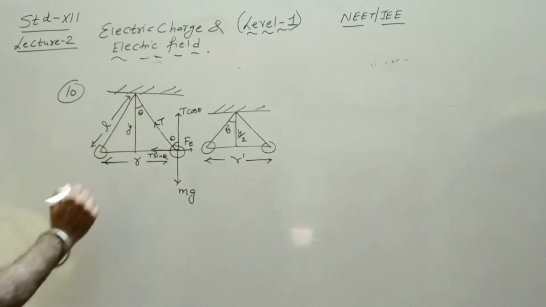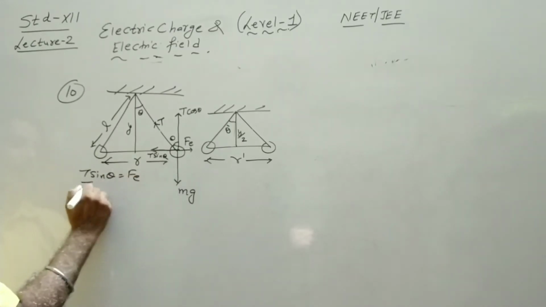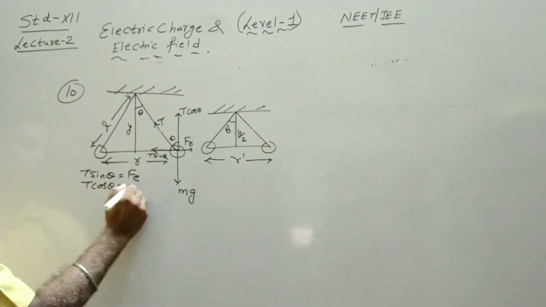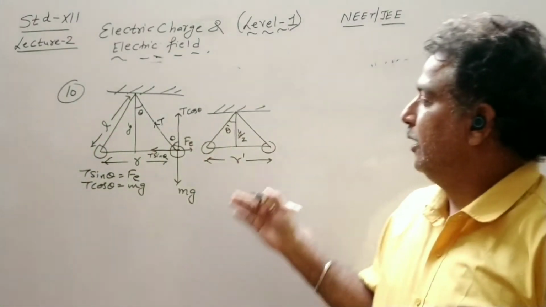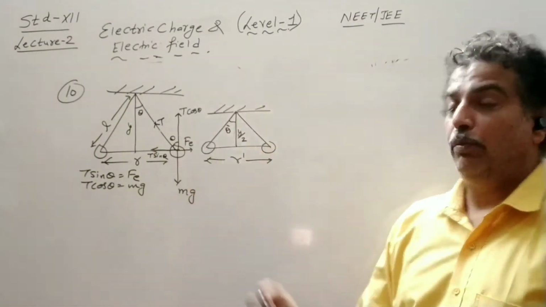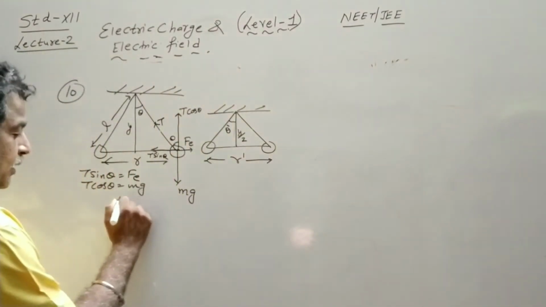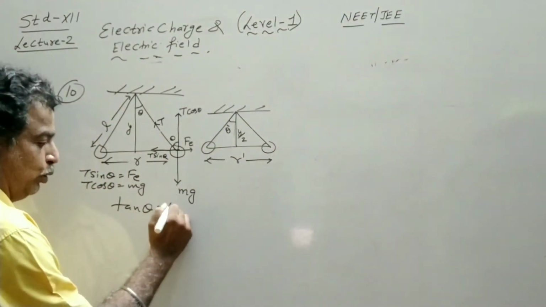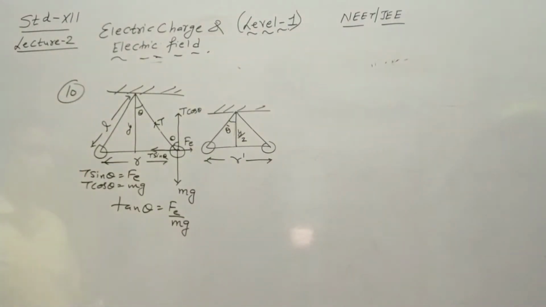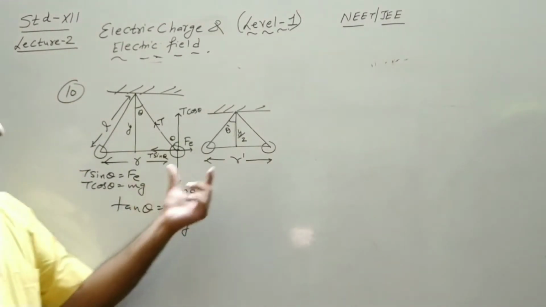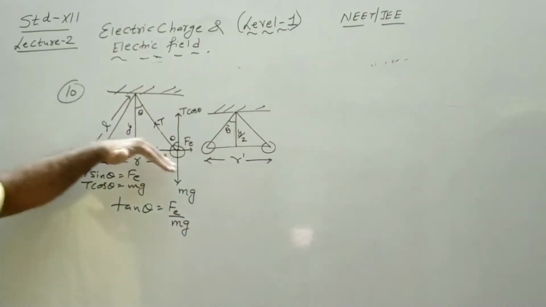Now we know that T sin theta is equal to Fe and T cos theta is equal to mg. In lecture 1 we did another form of such MCQ. So clearly tan theta is equal to Fe upon mg.